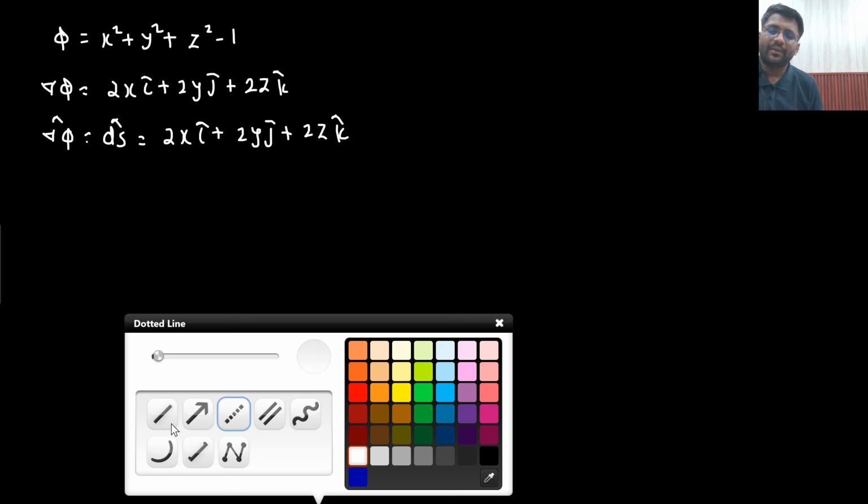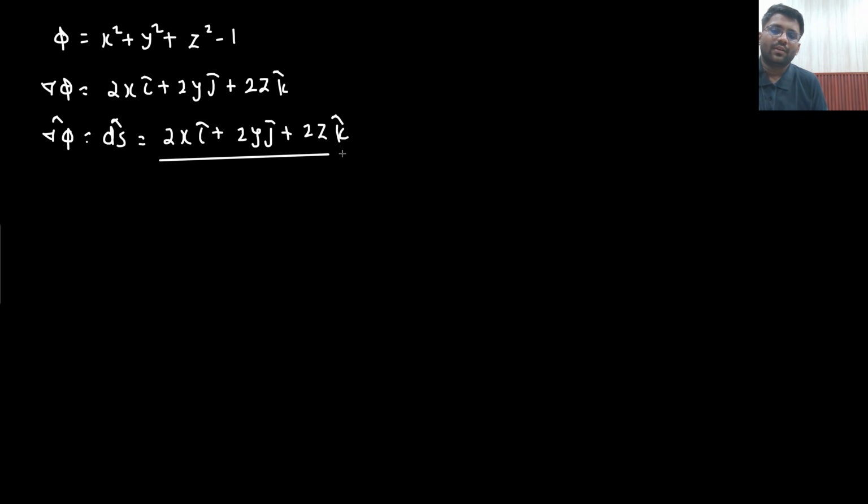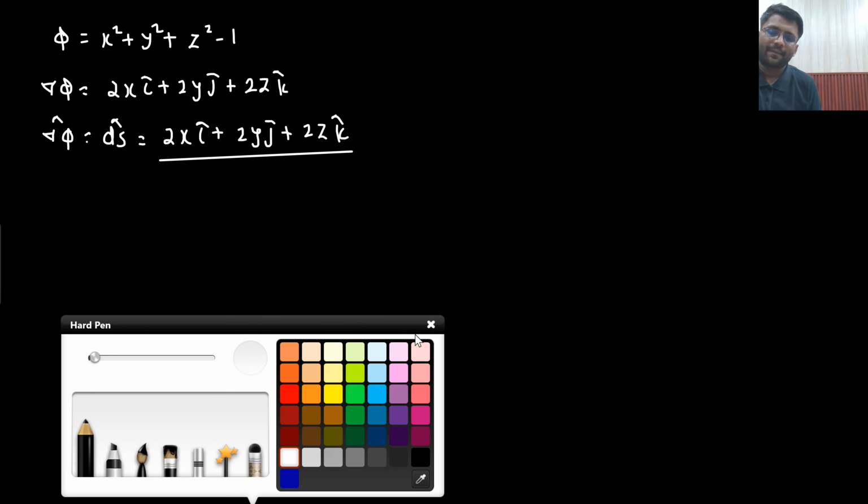Then I need to find its direction, which would be the same as dS cap. 2x i cap plus 2y j cap plus 2z k cap divided by under root (2x) whole square plus (2y) whole square plus (2z) whole square.